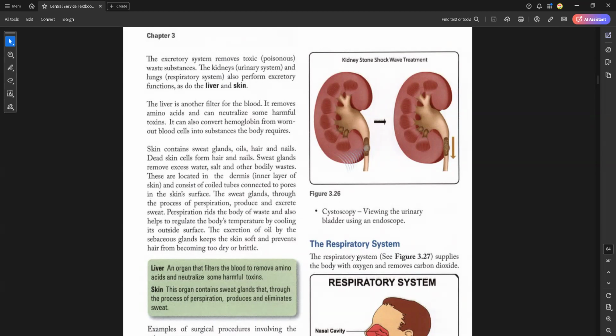Now let's go to the respiratory system. By respiratory, we are going to talk about the nose, then our lungs. Breathing. That's what we're coming to talk about now. Okay, let's move down, please.